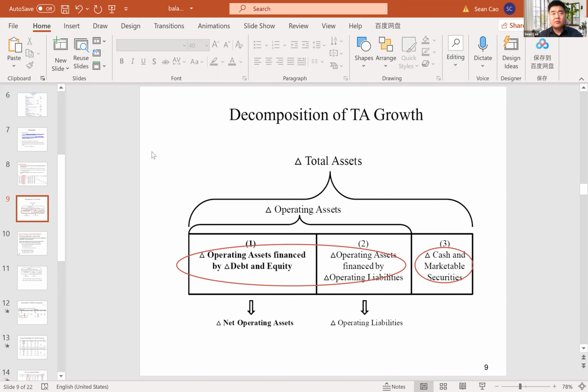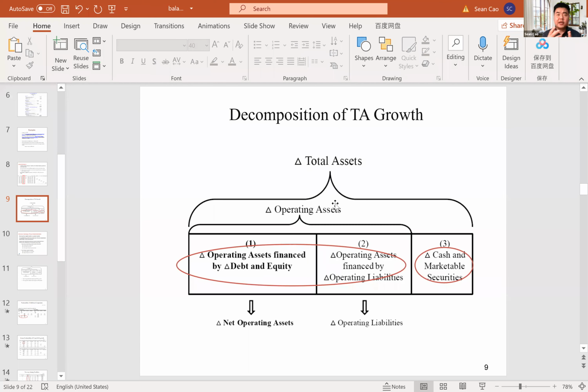So here is a very interesting decomposition of asset growth. Asset growth can be decomposed into different components. When the company is growing their assets, there are different ways they can grow them. The first one is they can borrow money from investors.